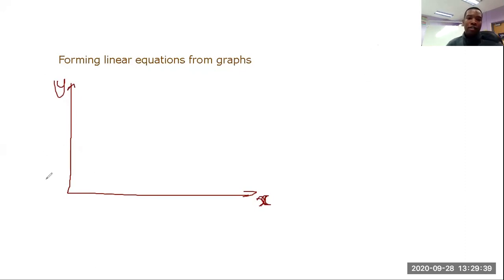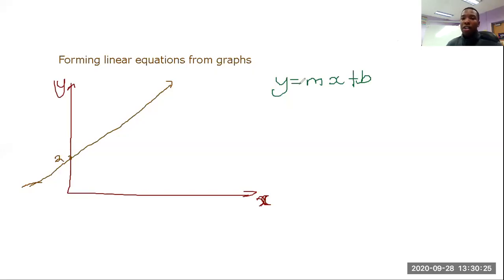All right, so say for instance, we have this graph right here, and let's say it goes through 2. This is how we're gonna start solving these problems. I feel like it's a lot easier. I'm gonna write y equals mx plus b.